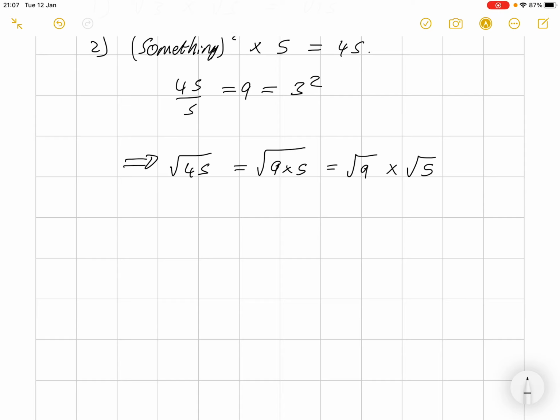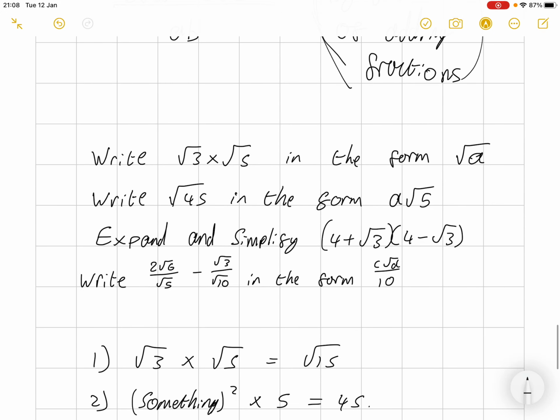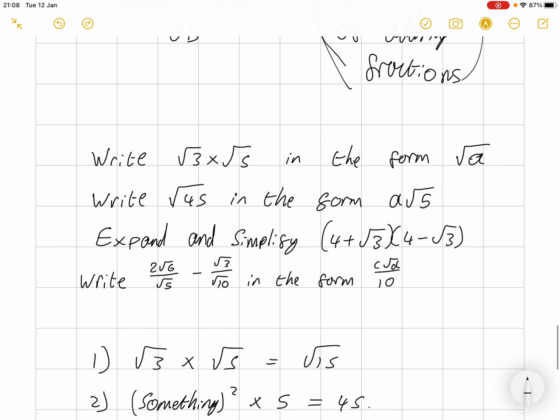And we have that this is equal to 3 times the square root of 5. So in other words, a in this instance is equal to 5.